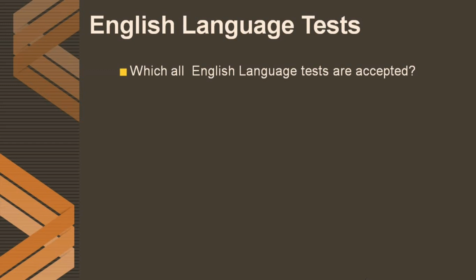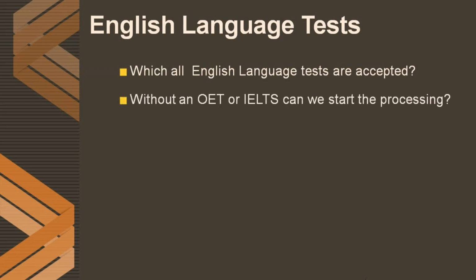So that will be IELTS Academic, then OET for nurses, or PTE Academic, or TOEFL iBT. So we have four tests, and the score will be different. Different criteria are followed for the scoring in these methods. So you have to take whichever is convenient for you.